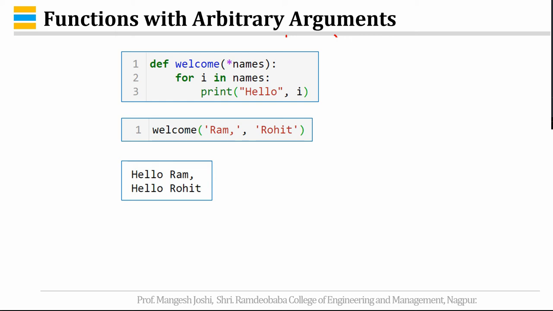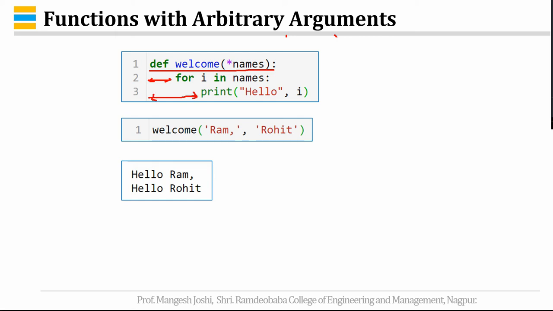You simply write star names whenever you are not sure about how many arguments will arrive at a function. You can simply write star names, and then you have to use a for loop: for i in names, you will be printing hello of i.